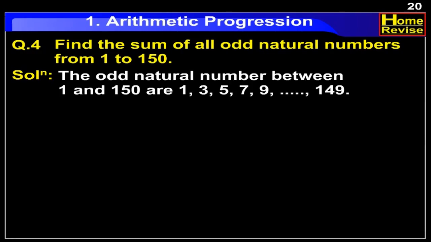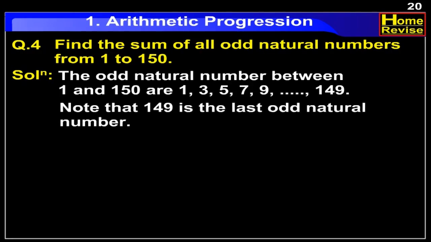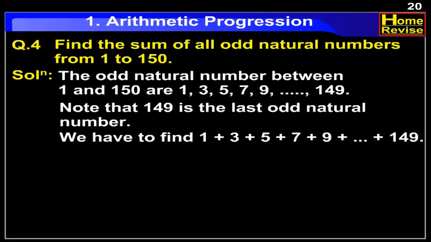Note that 149 is the last odd natural number. Here we have to find 1 plus 3 plus 5 plus 7 plus 9 plus so on till plus 149.